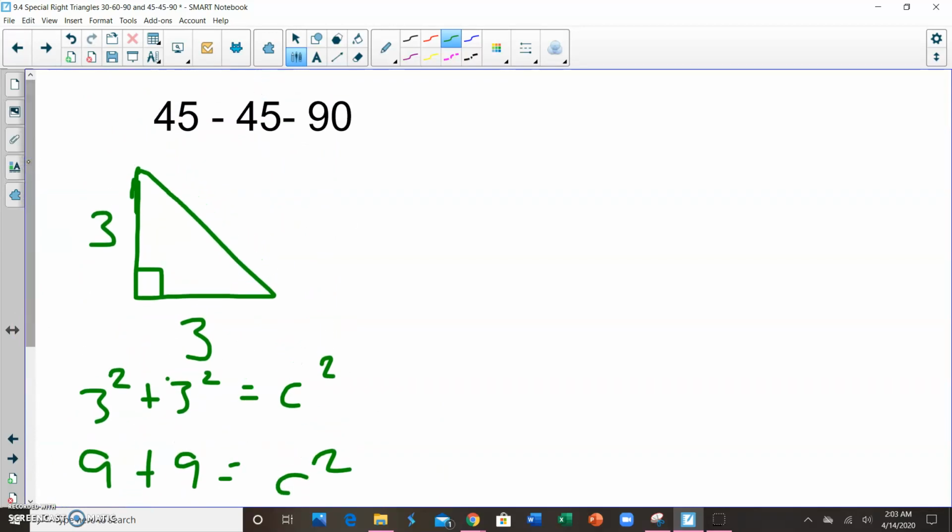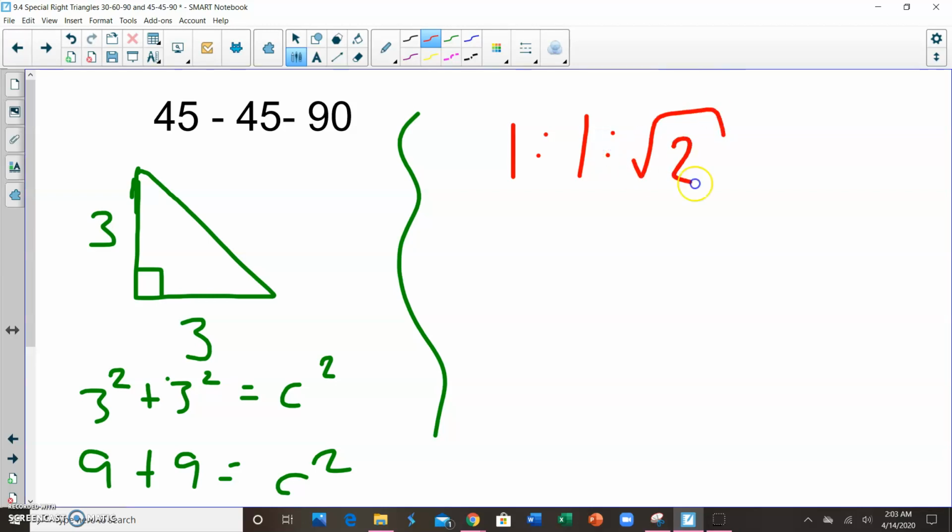Now you could also do this one a different way. The ratio of the sides of a 45, 45, 90 is 1, 1, square root of 2. If you want to do that, you certainly could. So under the 1 would be 3, and under the square root of 2 would be, I'm going to make those all equal.